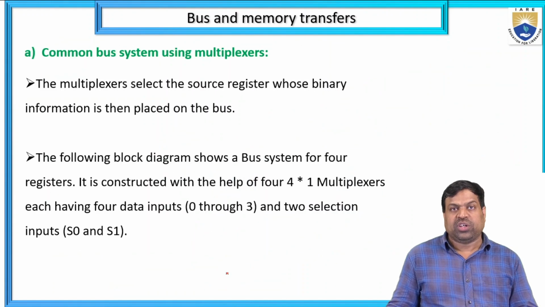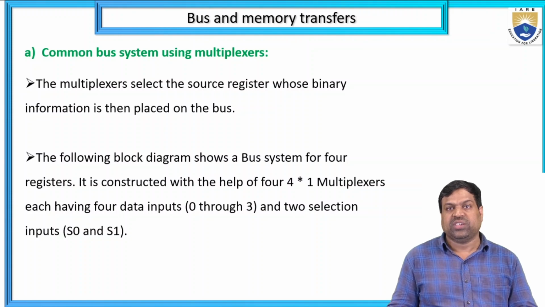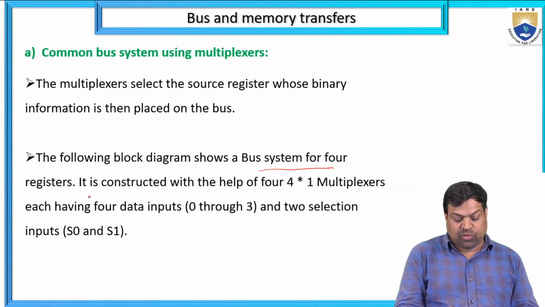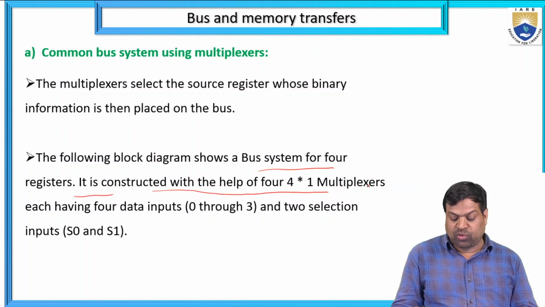So what about the multiplexer? Common bus system using multiplexer. The multiplexer selects the source register whose binary information is then placed on the bus, and the following block diagram shows the bus system for 4 registers. It is constructed with a 4x1 multiplexer, each having 4 data bits, 0 to 3, and 2 selections, S0 and S1.